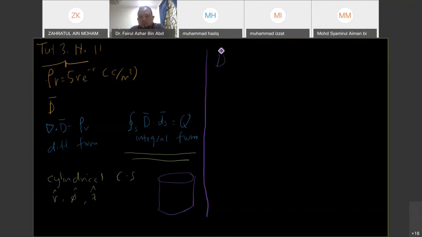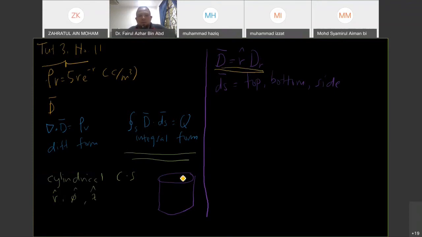The vector of D is equal to r cap multiplied by Dr. And in this case, the equation for ds should include the top, bottom, and the side surface. So how can we get the general expression for the vector of D in the r cap direction?